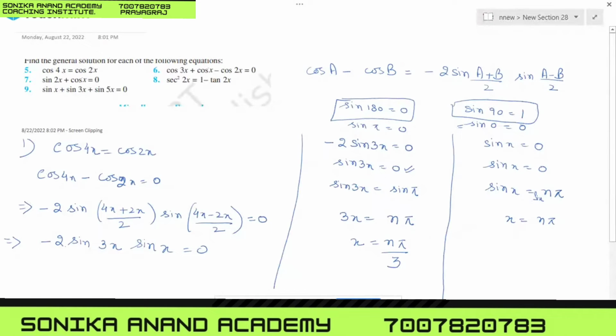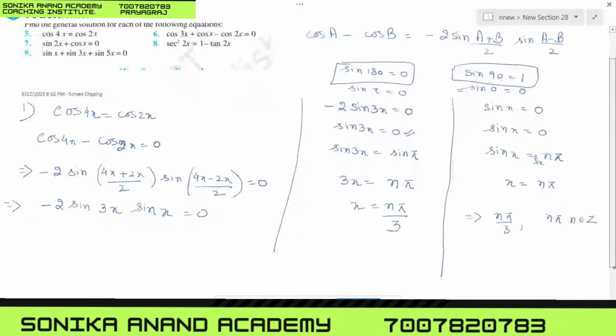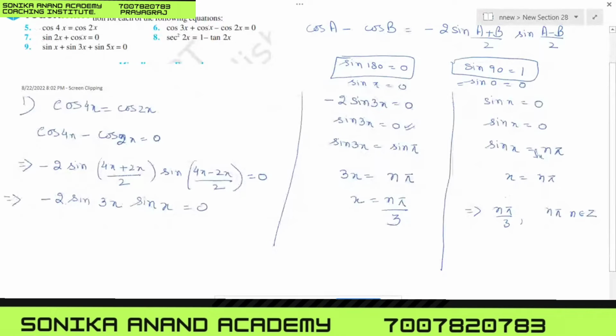So there are two values, n pi by 3 and n pi, where n belongs to Z. Check the answer. Correct, ma'am. Please note it down, then I will shift to question number 6.